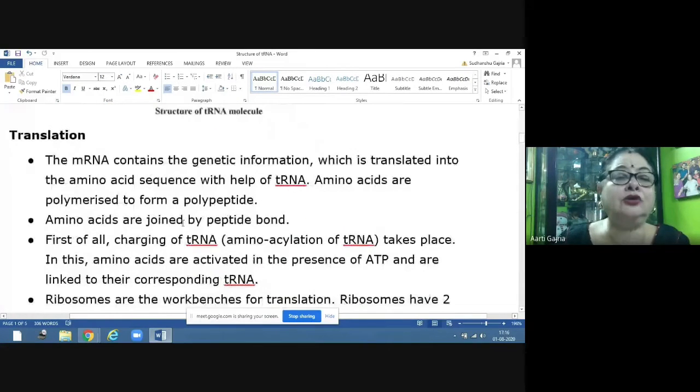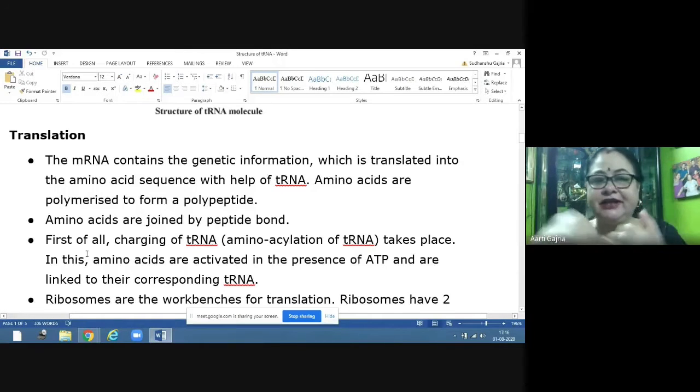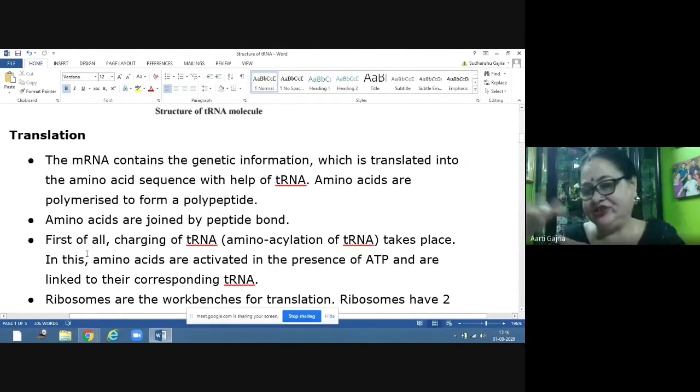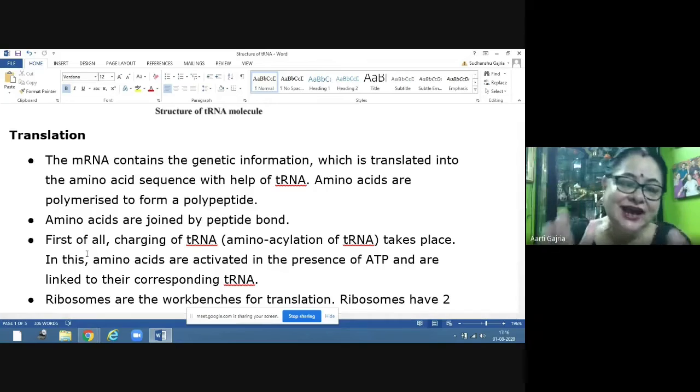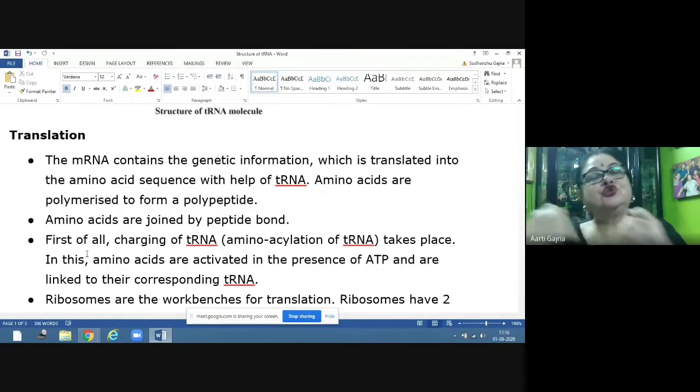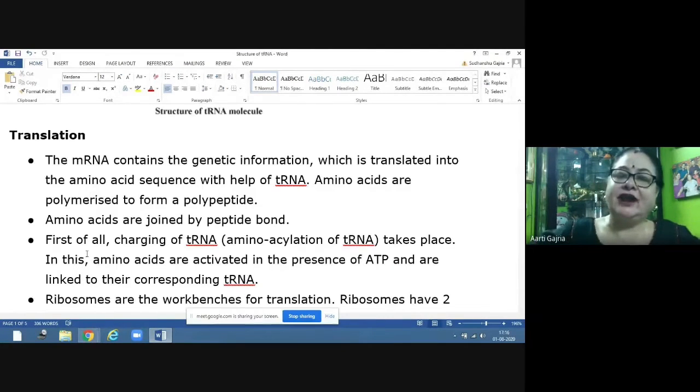Now, how does the process of translation actually take place? Translation takes place through the messenger RNA. The messenger RNA has the information with it. Now, the messenger RNA is going to transfer this information to the amino acids. Amino acids will come together as per this information, and then they will form the protein.